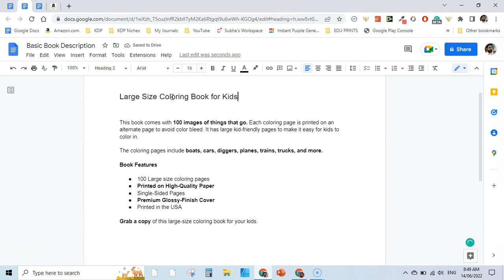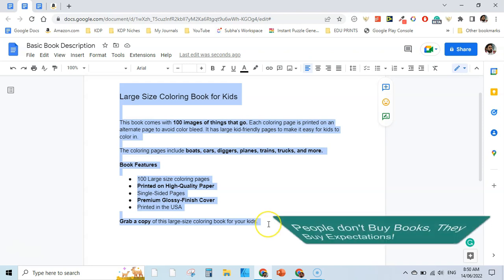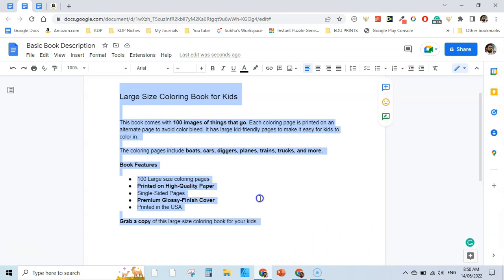That worsens your book description even more, because you are not giving a single benefit or outcome of your book. What is the end benefit? What is the end result of using this book? Because people buy things expecting the benefits, expecting the outcomes, not features. So every book has this very basic description.